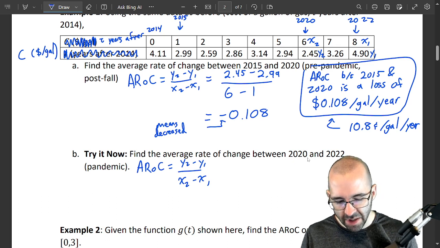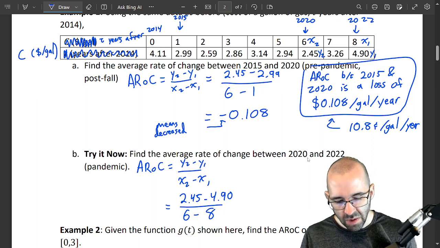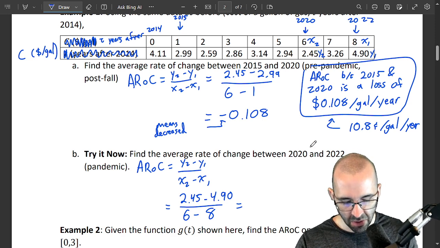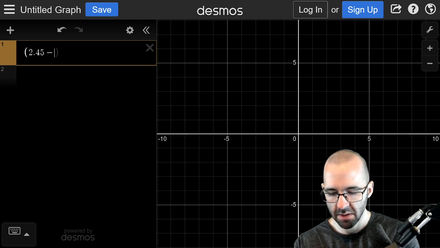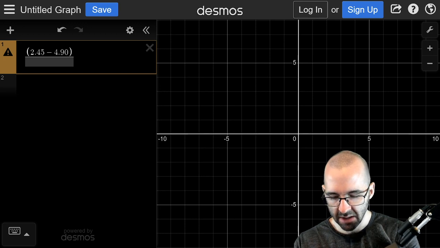But usually we choose the first x as the one on the left. So now if we use this formula, we're going to get the second y is 2.45 minus the first y, which is 4.90. Second x we said was 6, and the first x we said was 8. We type that into a calculator and see what we get. 2.45 and 4.90, divided by 6 minus 8.